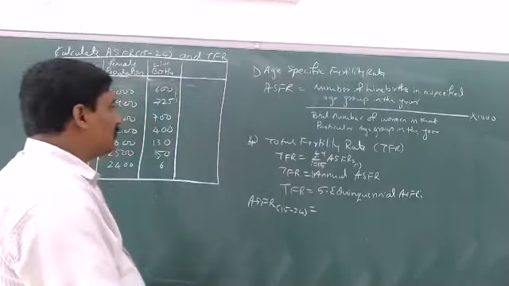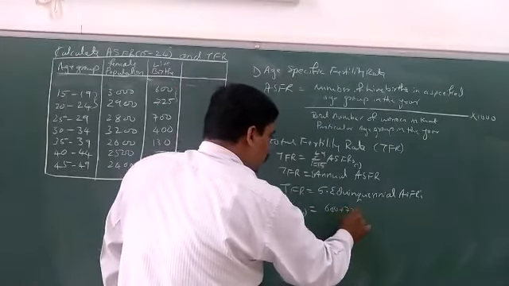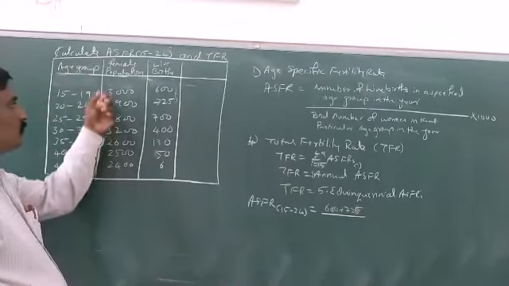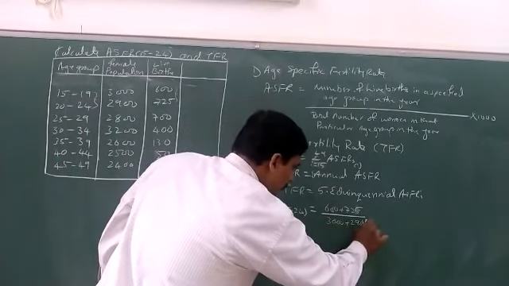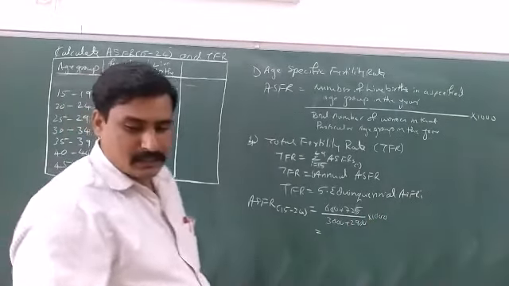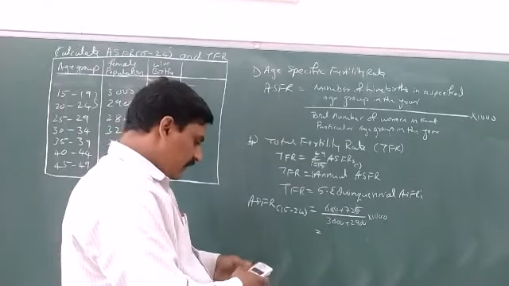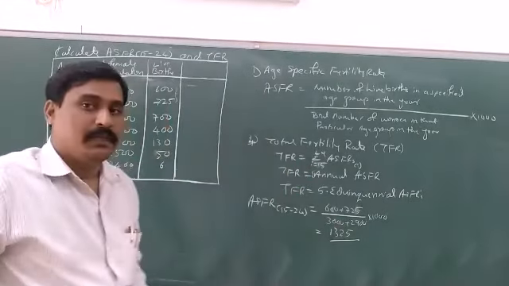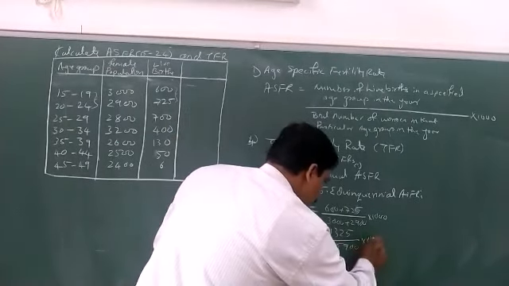So how many live births are there between both age groups here? 600 plus 725 divided by the female population for those two age groups, 3000 plus 2900, into 1000. So 600 plus 725 is 1325, divided by 3000 plus 2900 is 5900, into 1000.